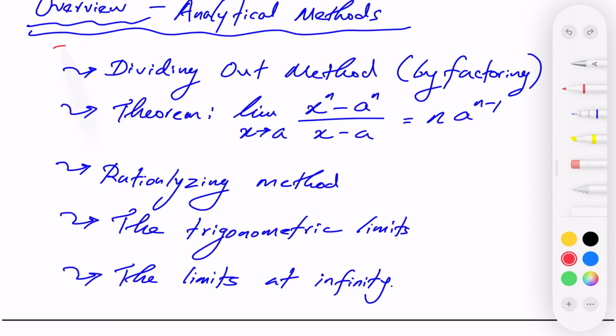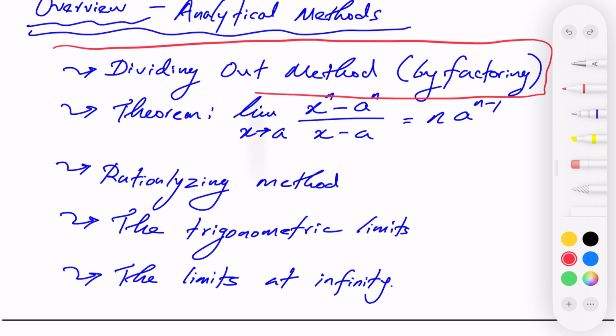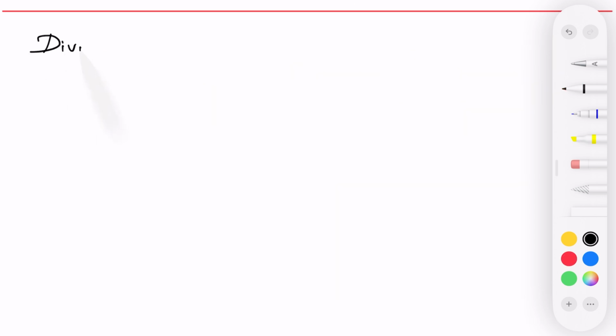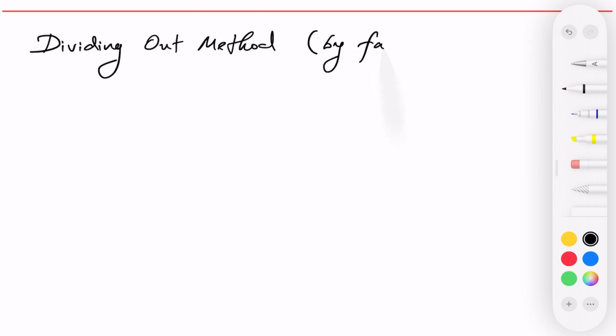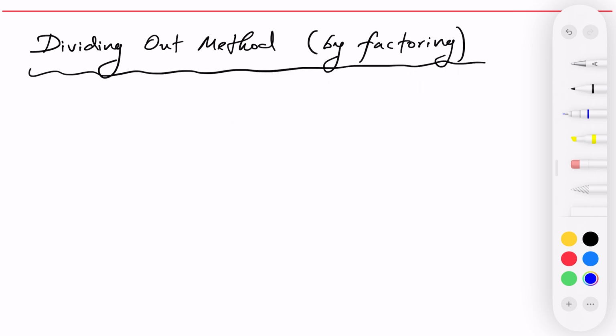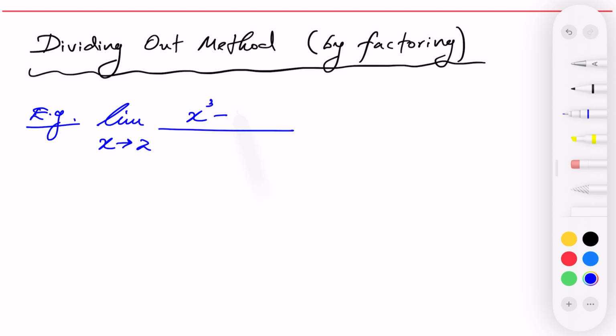So, the analytical method that we are going to discuss today is the dividing out method, or in other words, evaluating limits by factoring. We will discuss this method using an example. Let's say we need to evaluate the limit as x approaches 2 of x cubed minus 8 divided by x squared minus 4.